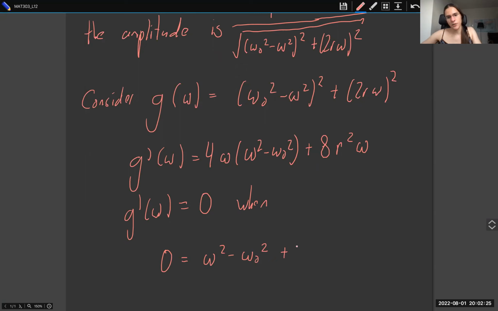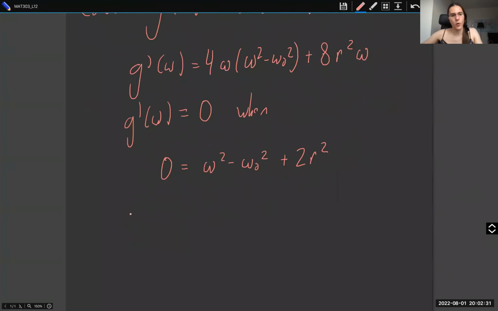plus 2r squared, right? So in other words, omega is equal to plus or minus the square root of omega naught squared minus 2r squared.